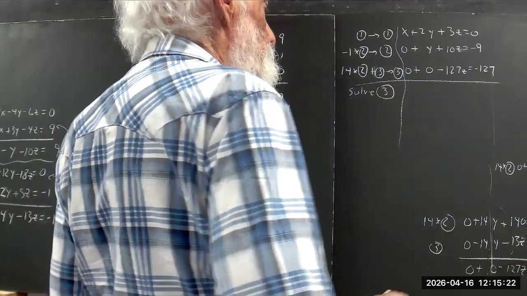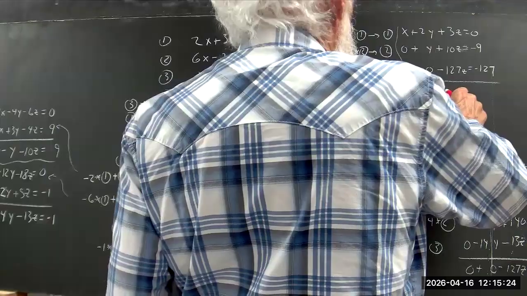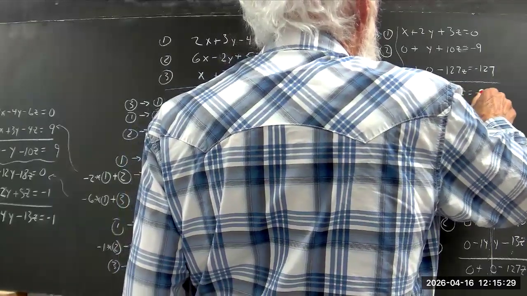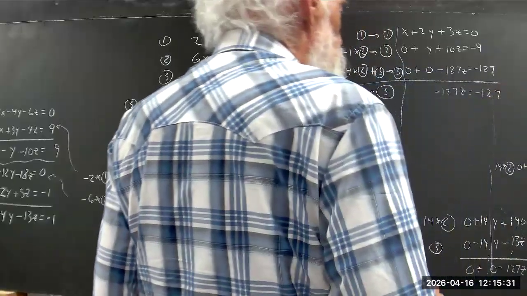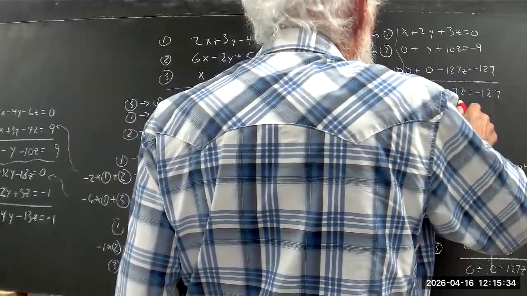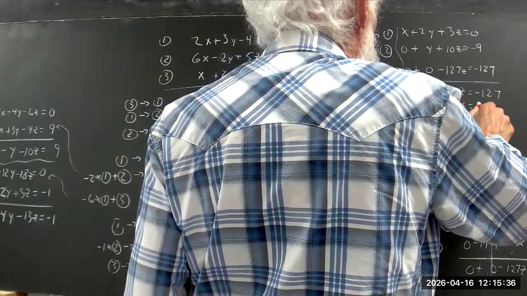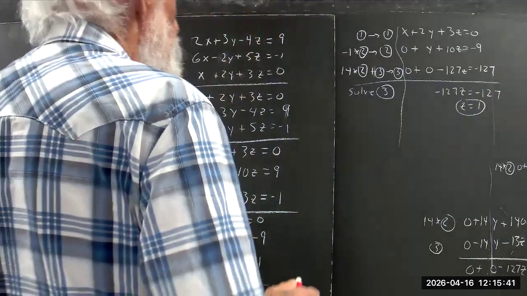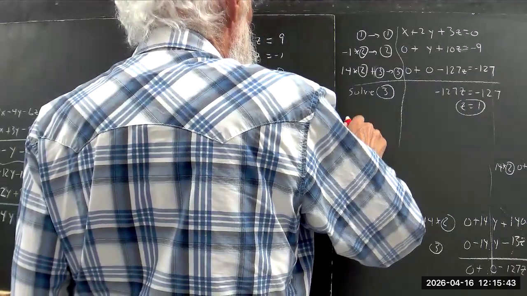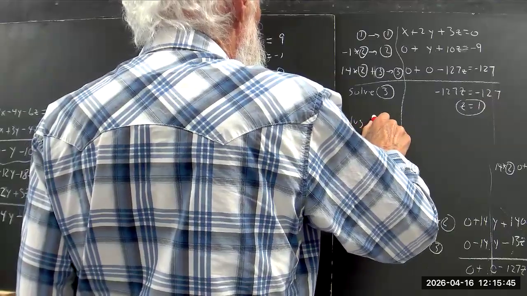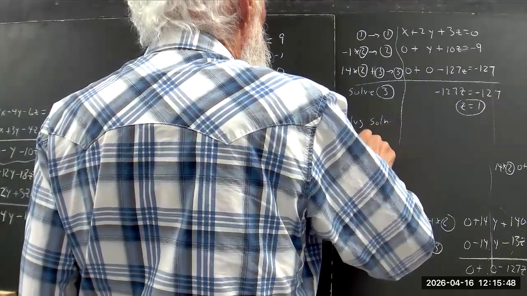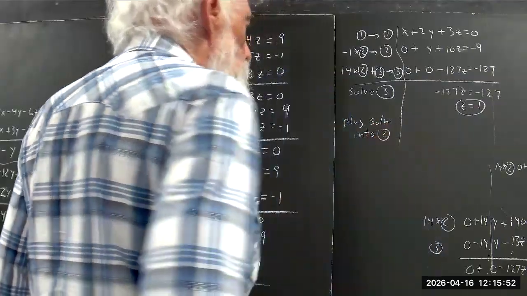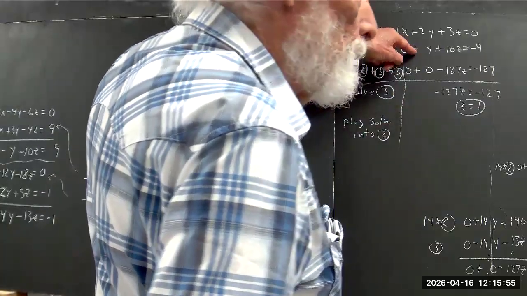Solve equation 3. Negative 127z equals negative 127, so z equals 1. Then plug the solution into equation 2.